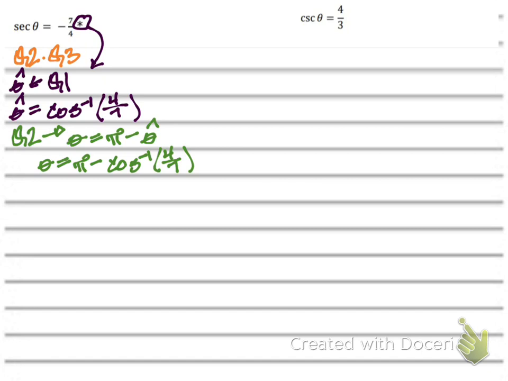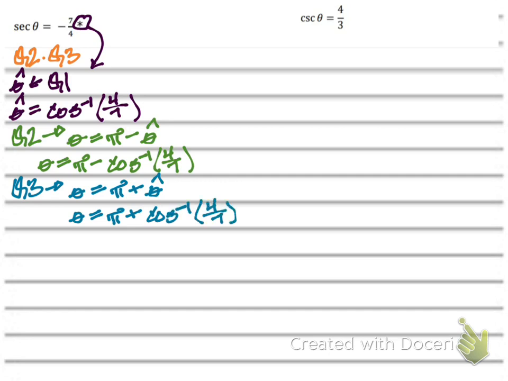And we would store that, or we would store the inverse cosine of 4 over 7, right? And in quadrant 3, theta is pi plus theta hat, which is pi plus the inverse cosine of 4 over 7.